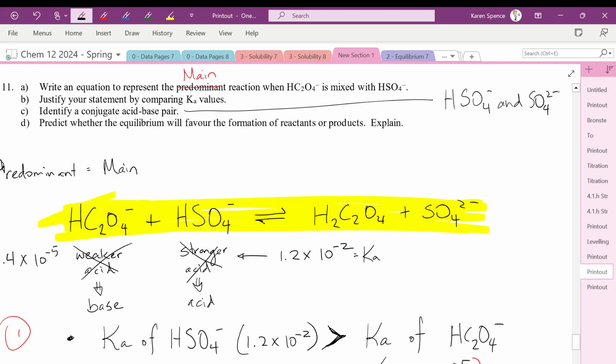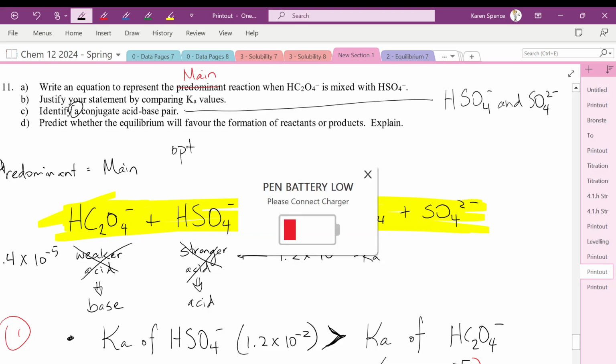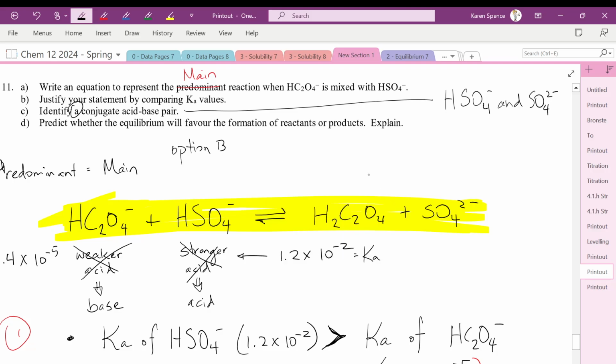That's option A. Now, if it says identify a conjugate acid-base pair, do you want to write 2 conjugate acid-base pairs? No, don't do it. If it says a conjugate acid-base pair, just give me 1. Don't go answering questions that they have not asked you. Just stop writing now. Your other option, option B, would be HC2O4 minus and H2C2O4.